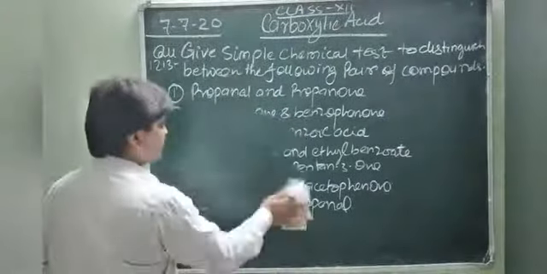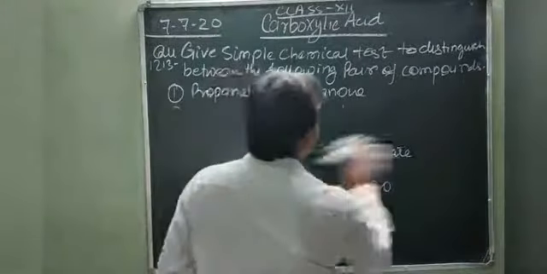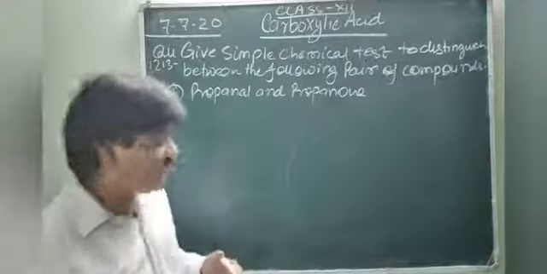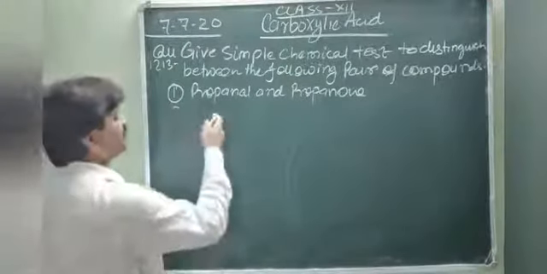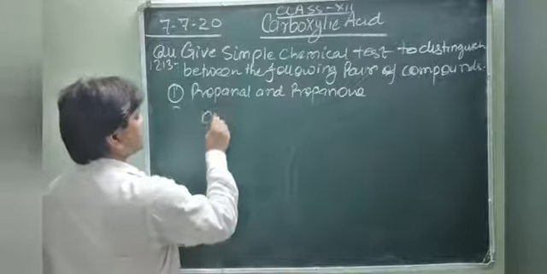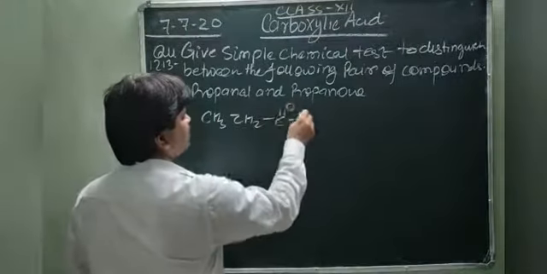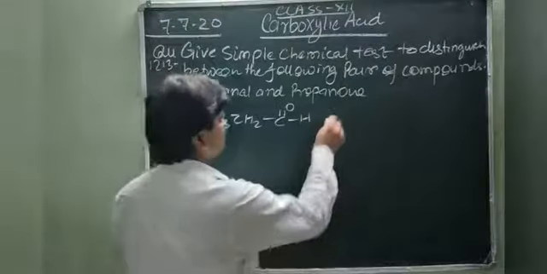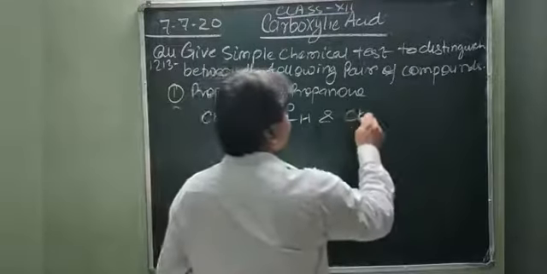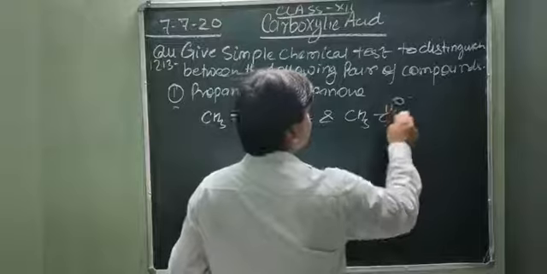How will you distinguish chemically between propanal and propanone? First, write the formulas of these compounds. Propanal is CH3CH2CHO, and propanone is CH3COCH3.